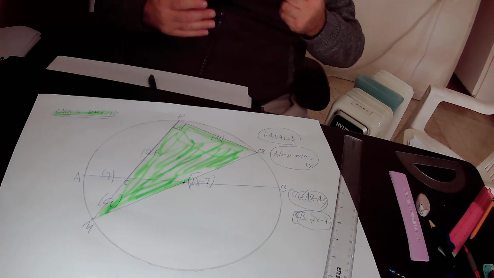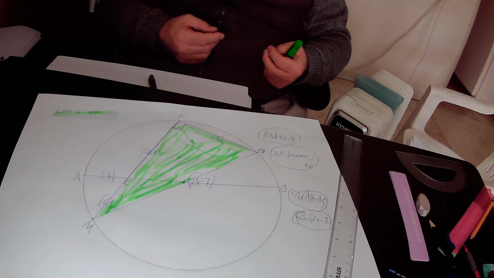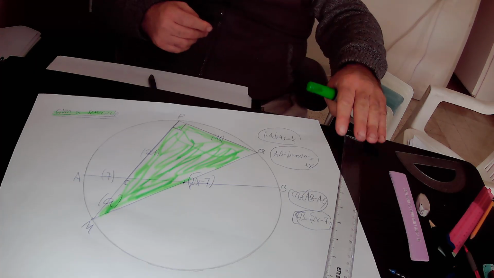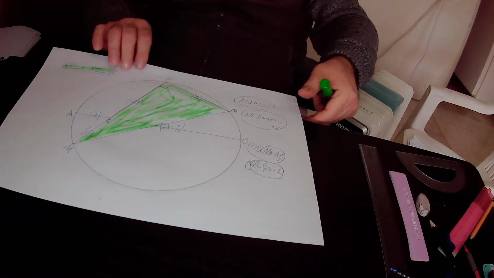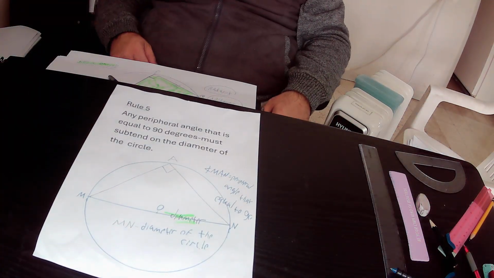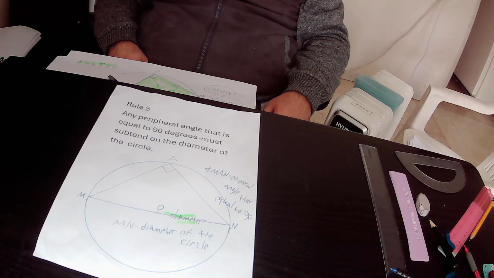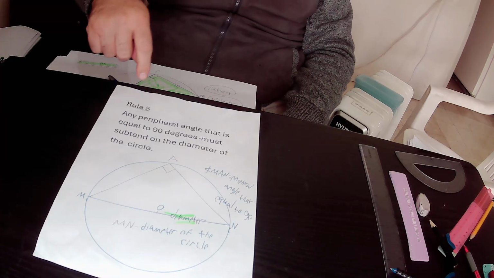Therefore, whenever you have a peripheral angle that equals 90 degrees in size, you can implement rule 5 in the drawing. Repeat quickly rule 5: any peripheral angle equal to 90 degrees inside must subtend on the diameter of the circle. In the drawing we have a circle.